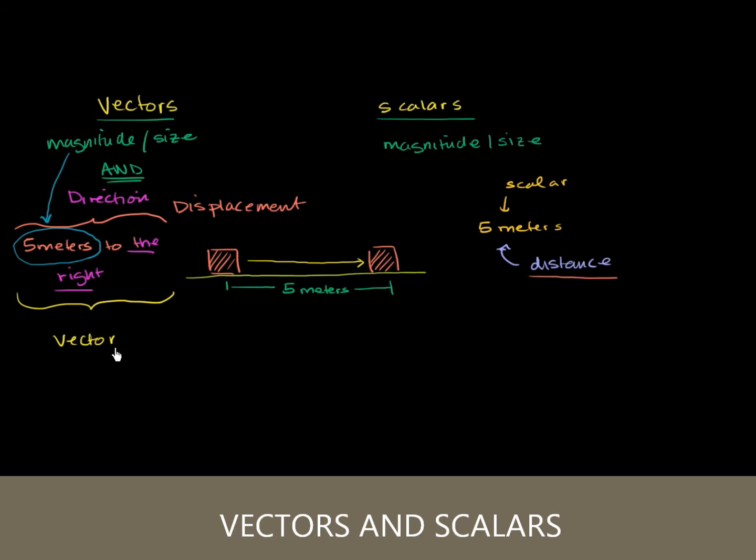Now let's explore this if we talk about the speed or velocity of something. So let's say that this 5 meters was traveled, and let's say that the change in time, because you're probably not familiar with what that means. So let's say that the change in time, when I moved this block 5 meters, was 2 seconds.